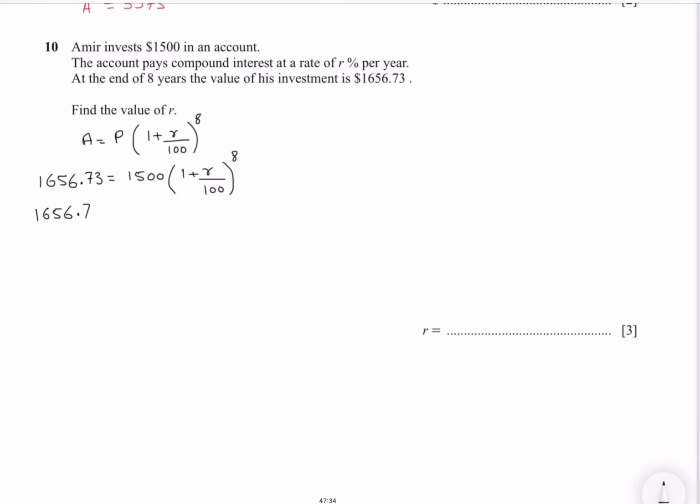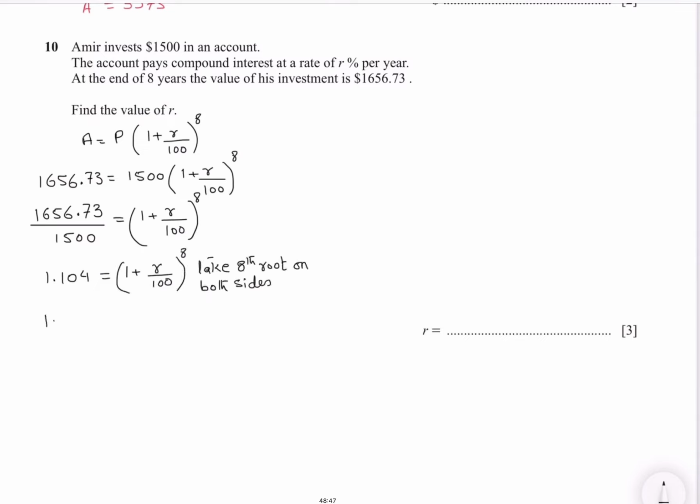From here, now simplify this. First 1500 will divide, and now you can divide it and take the 8th root on both sides.